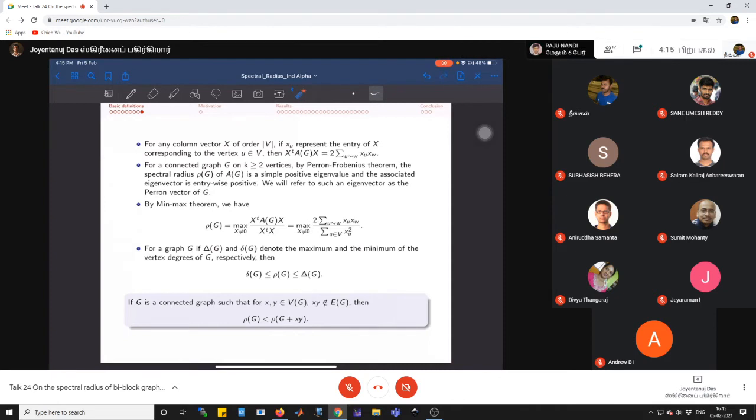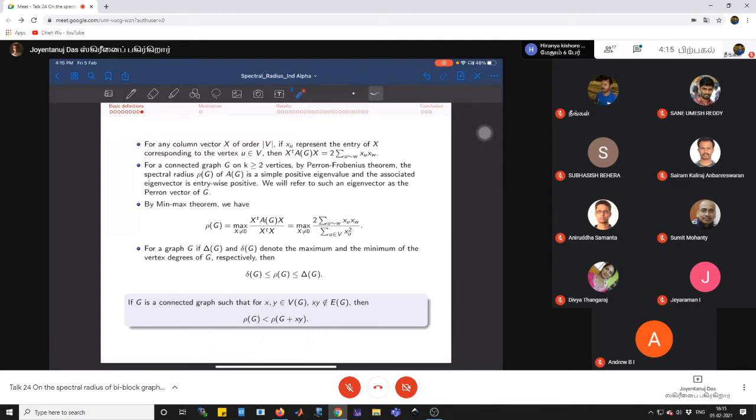Suppose there are two vertices x and y that are not adjacent, so xy is not an edge in the original graph. If we add that edge, that is G plus xy, obtained from G by adding the edge xy, then the spectral radius increases. This result will be used heavily in the paper.